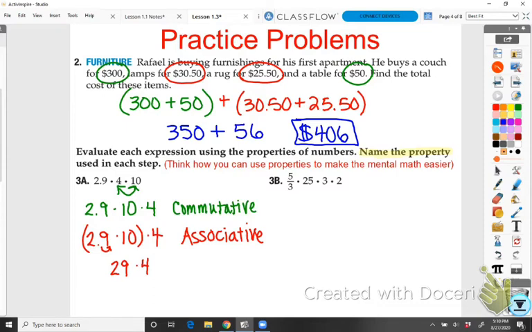I'll write this out so you can see what I'm thinking here. 4 times 30 minus 1 is technically what you're doing. So this is 4 times 30 minus 4 times 1, which is 120 minus 4, which is 116.